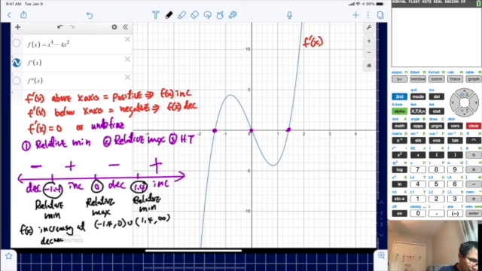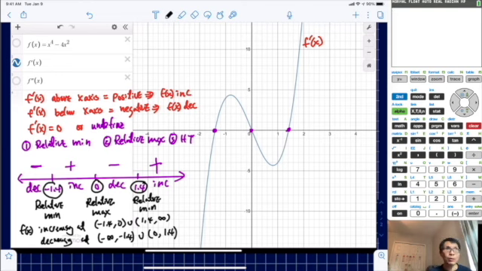Decreasing is from negative infinity to negative 1.4, union from 0 to 1.4. So that's all the information I can give from this, and that's how you're going to address it for the AP exam, for the AP grader.